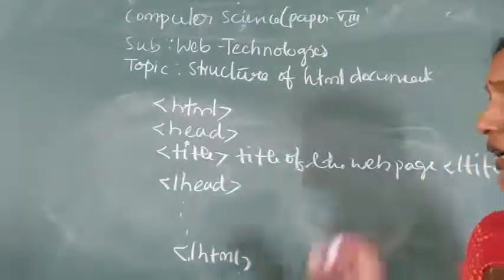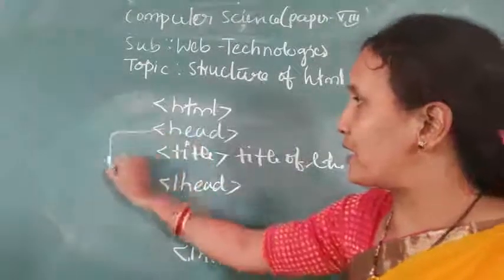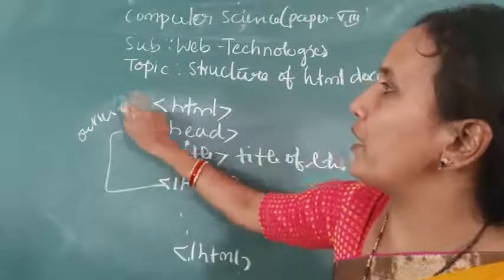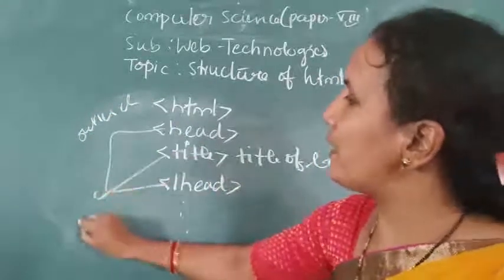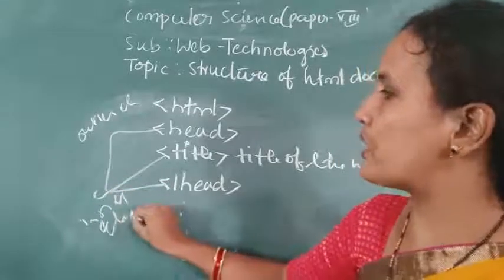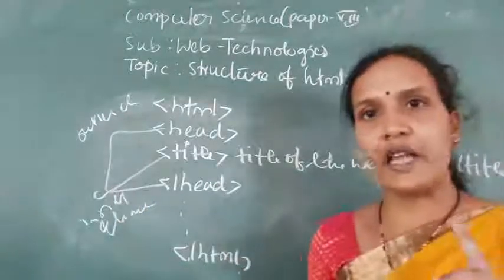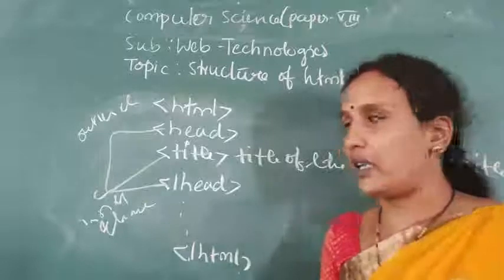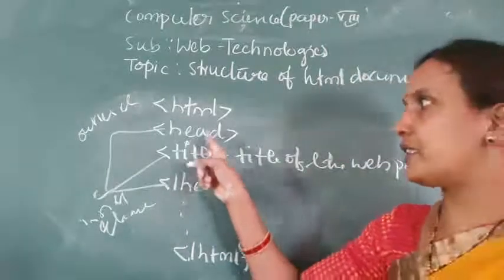In this structure, this is an outer element and this is an inner element. As already explained, the rule is: if any tag is nested, means if you have written any tag inside another tag, here I have written title inside the head section.